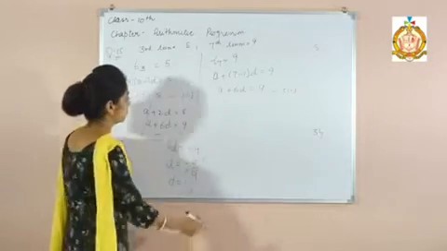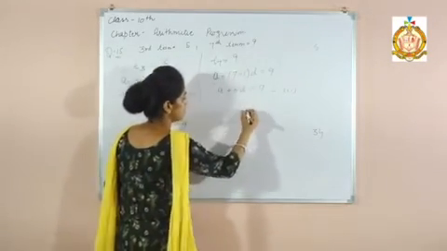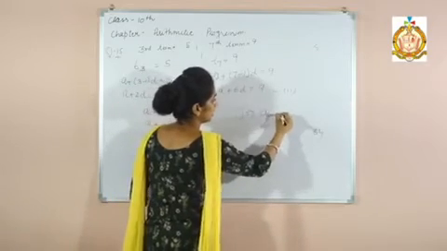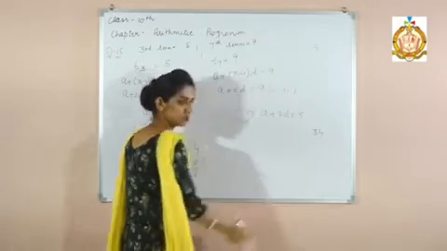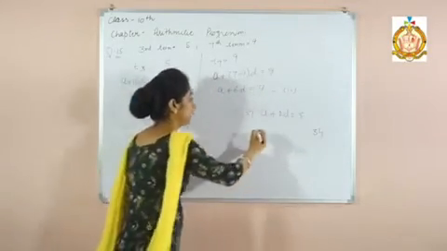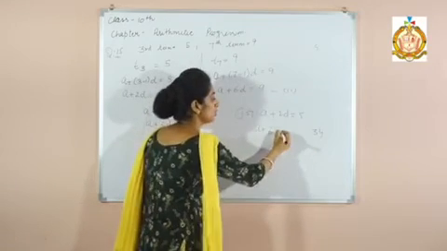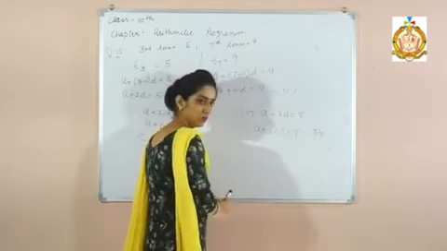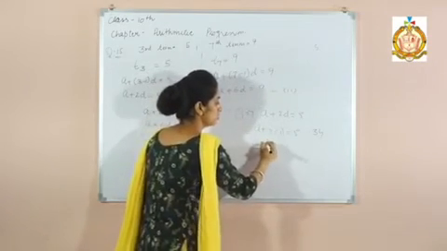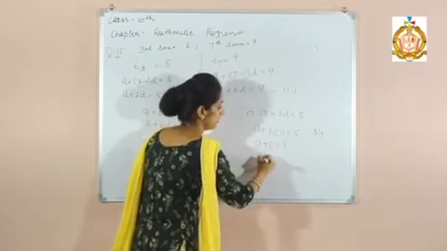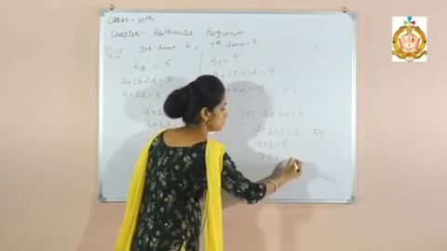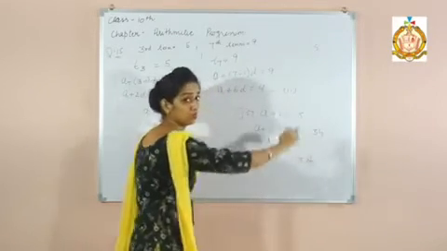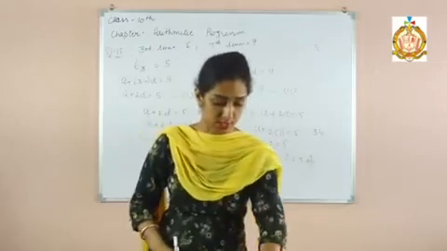Now put it in equation number 1: a plus 2d is equal to 5. Now a plus 2 into 1, 2 multiply 1 is 2, is equal to 5. a is equal to 5 minus 2, which is 3, right?